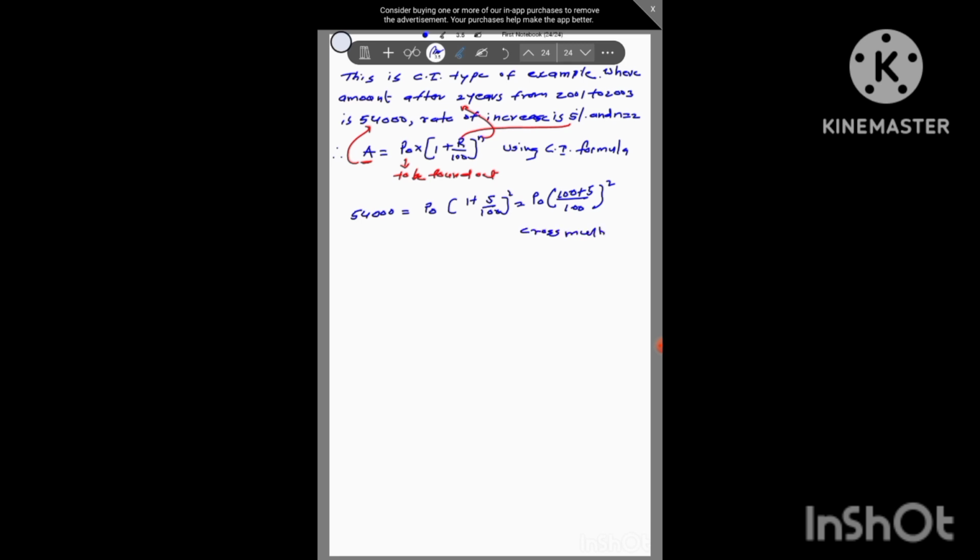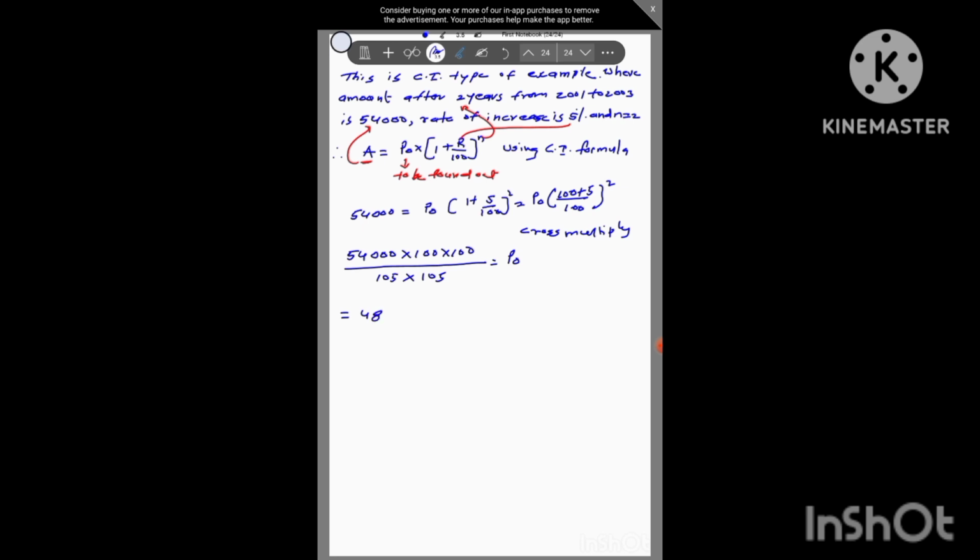Now cross multiply. So 54,000 into 100 into 100, that square is there, divided by 105 into 105, very simple now. That is P0. Try to solve it.